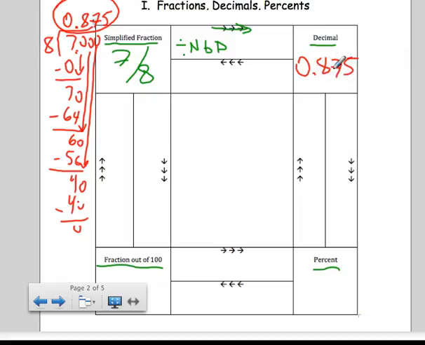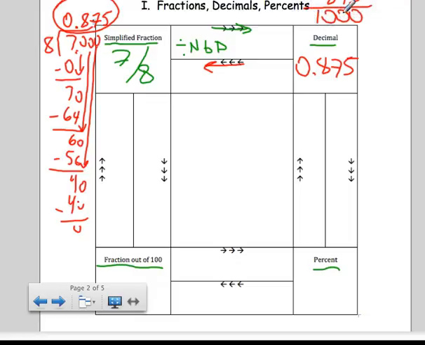In order to go back from the decimal to the simplified fraction, what I'm basically going to do is turn this decimal, 875 thousandths, to a fraction and then simplify. If I had 875 thousandths, listen to the way that I said it, 875 thousandths, I just need to turn it into a fraction, which would be 875 thousandths.